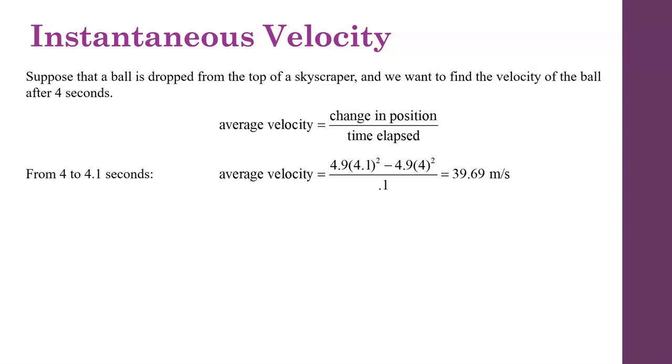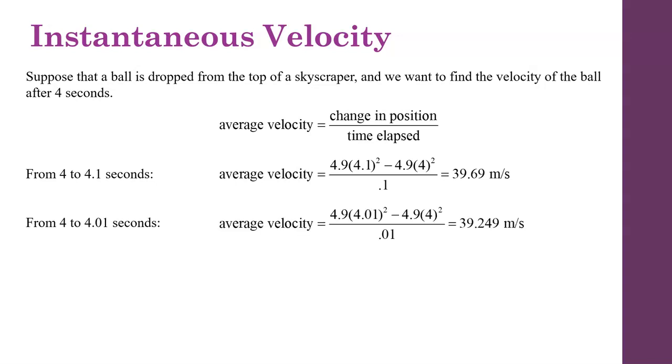Except this object is not constantly traveling at the same speed or velocity. So if I look at this average velocity over a shorter period of time, from 4 to 4.01 seconds, the average velocity is now 39.249 meters per second.